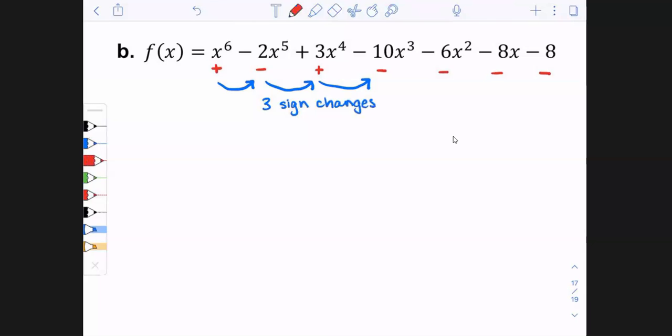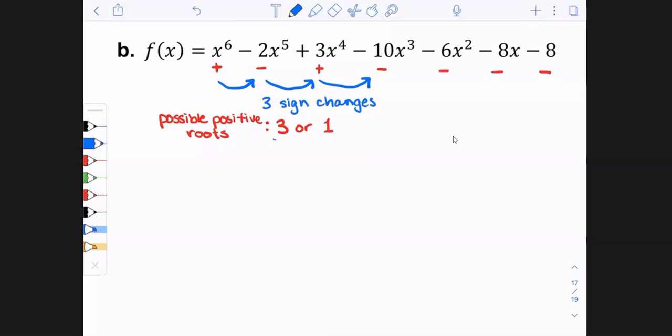which means that our possible positive roots are going to be 3 or 1. And where I got that "or 1" is that second part of Descartes' rule of signs, where he said you can take away a pair.